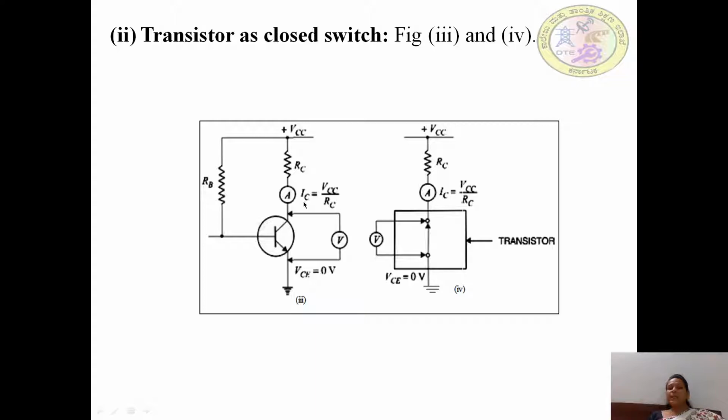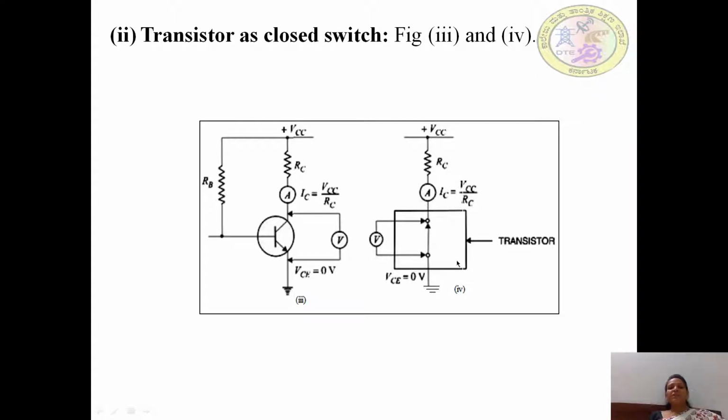So IC is maximum, that is IC saturation current, which is given by VCC by RC. So all of the voltage drops across RC, hence the voltage across the output terminal, that is collector emitter terminal, is equal to 0. So this is similar to closed switch condition.